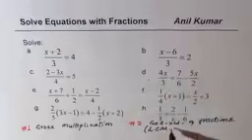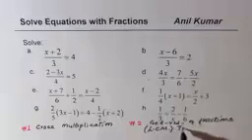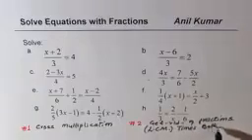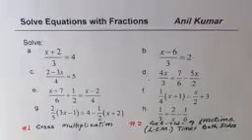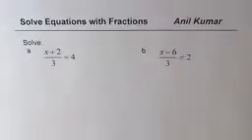So the strategy will be LCM times both sides. And then we will solve as a linear equation without fractions. So I hope the strategy is absolutely clear. Now let's apply the strategy to all these questions and solve them one by one.